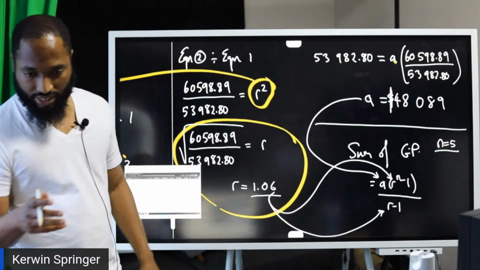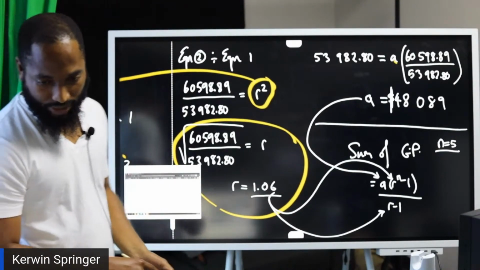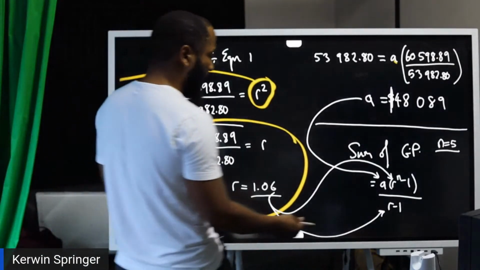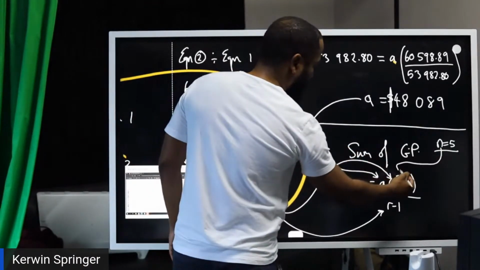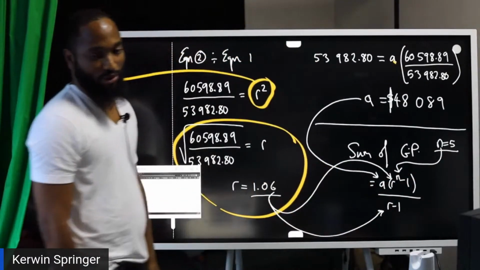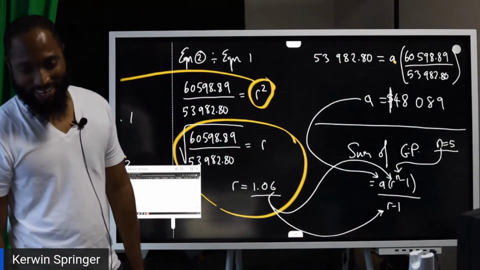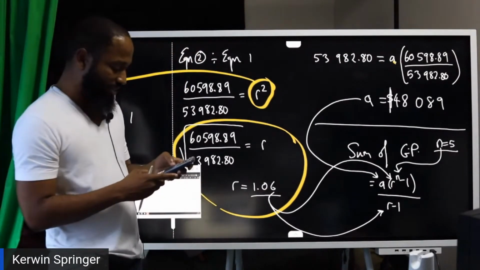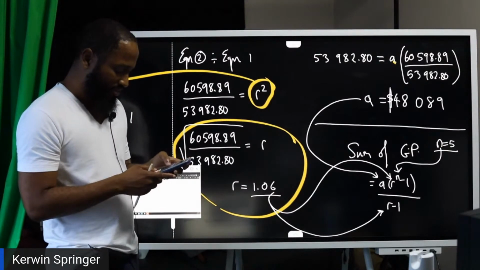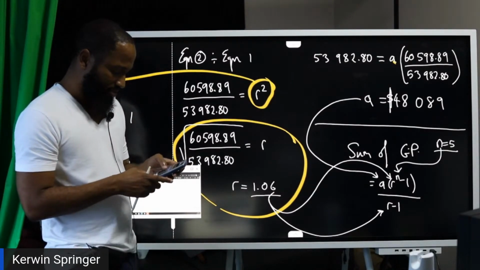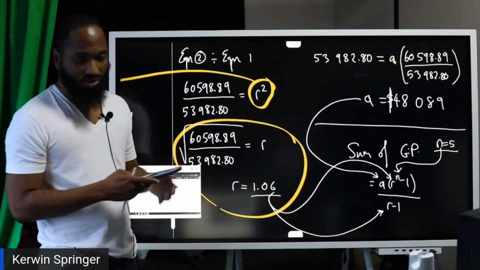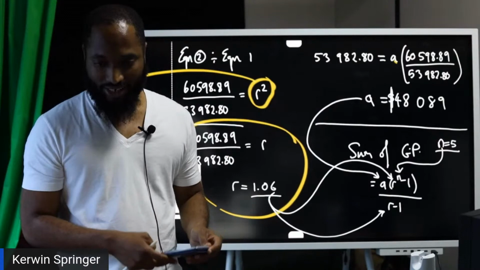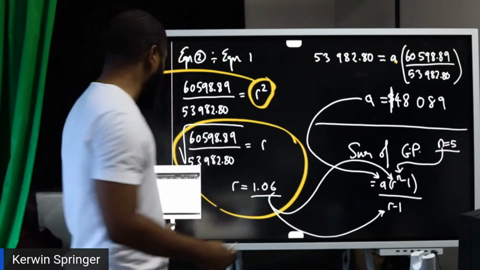Yes, I'm getting it, that's good. So when you substitute for A, R, and N, watch how crazy the board looks. Check this again. $271,082.16. Actually, let me do it.